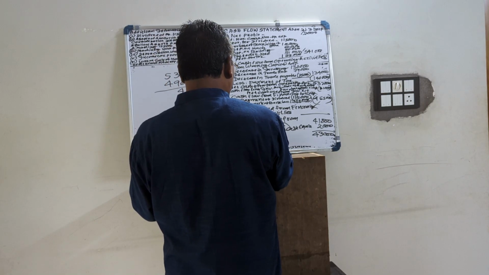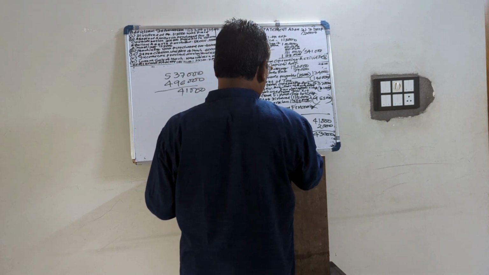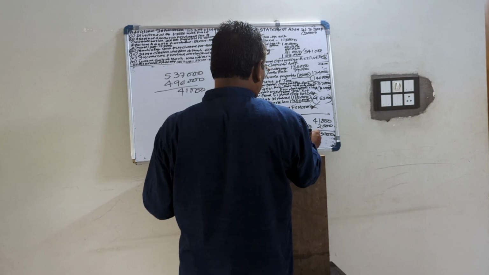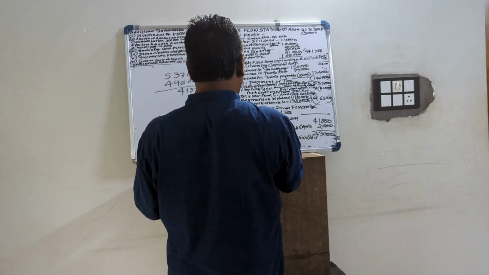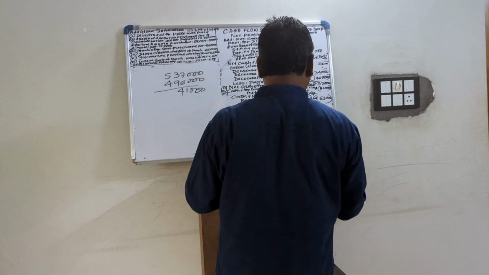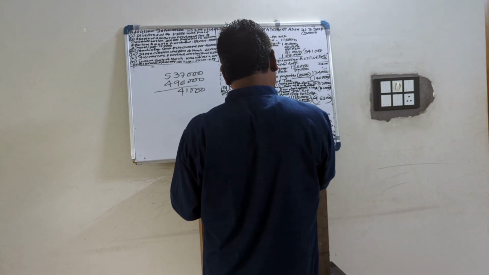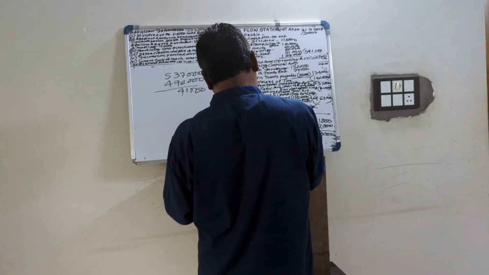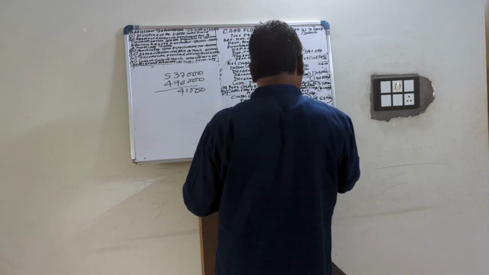In the closing balance, cash was given 3,000, then bank was given 40,000. So it is also equal to 43,000.